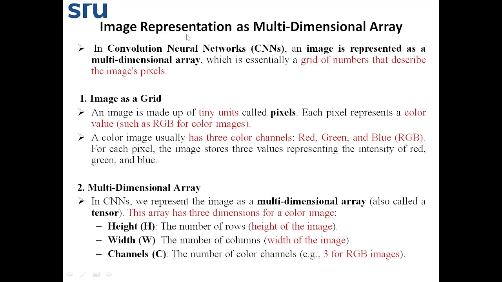Now, how can we represent an image as a multi-dimensional array? In convolutional neural networks, the image is represented as a multi-dimensional array, and each multi-dimensional array is represented by a grid of numbers, and this grid of numbers describes the image picture.